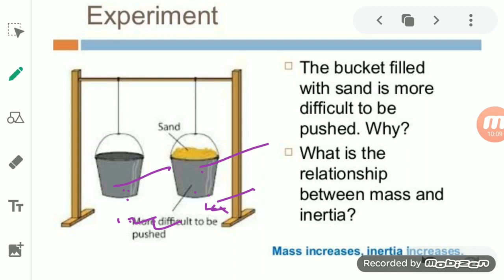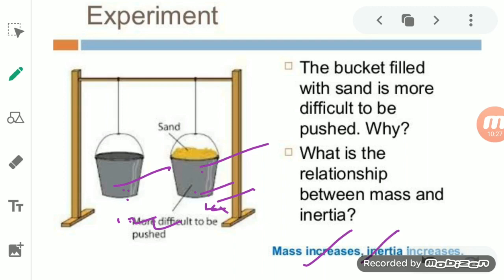So if an object has more mass, its inertia is also more. We can say that mass is directly proportional to the inertia of an object: if mass increases, inertia also increases.